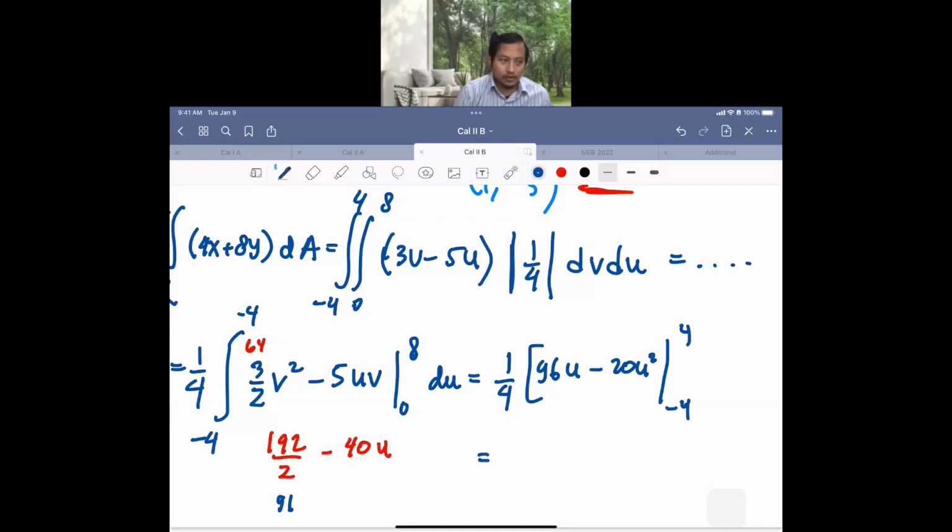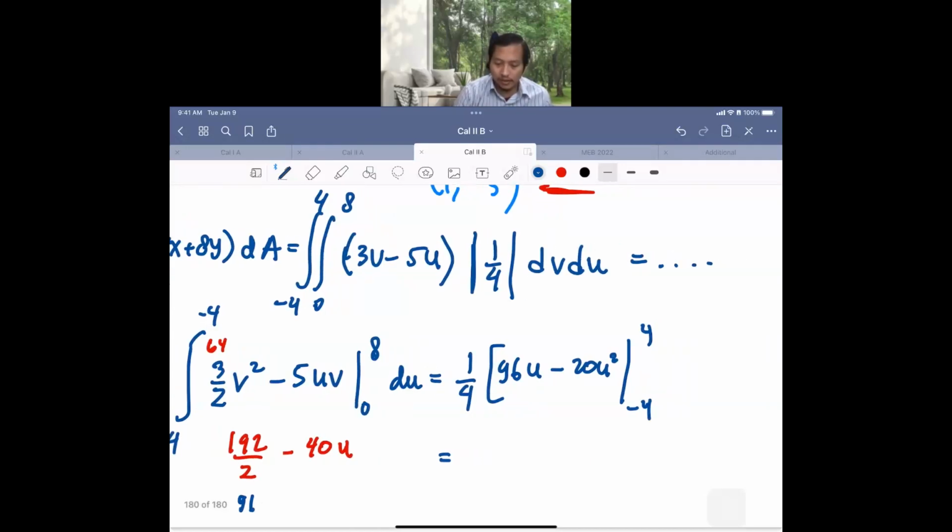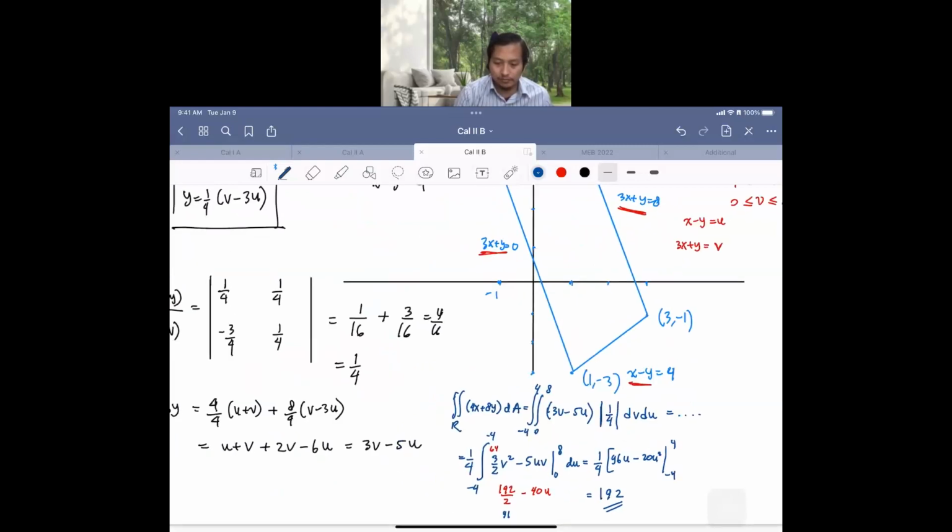You can use a calculator to type it in and make sure the numbers are correct. This is supposed to be 192.